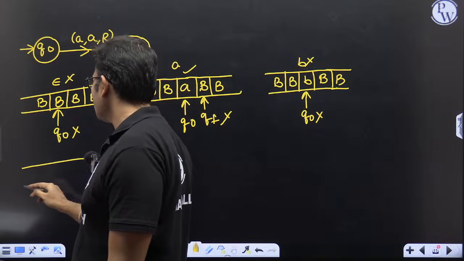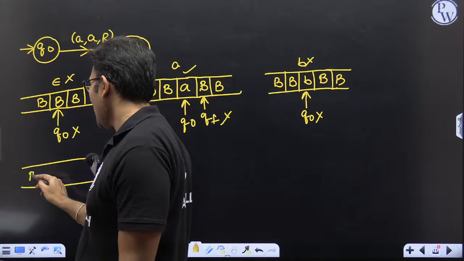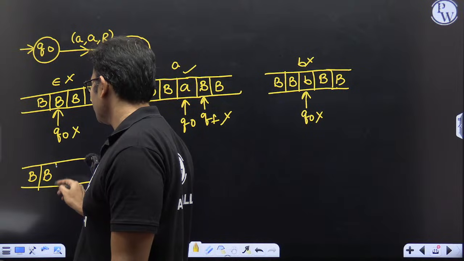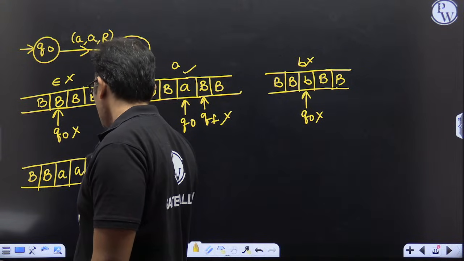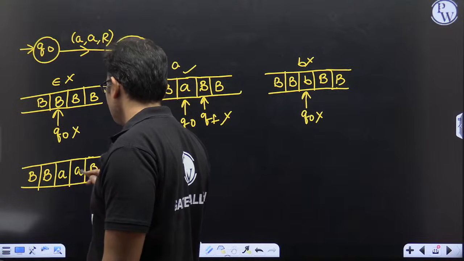Now let us see for AA. Blank, blank, A, A, blank, blank.